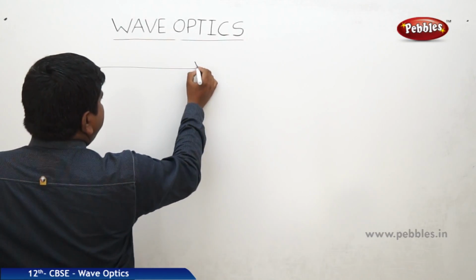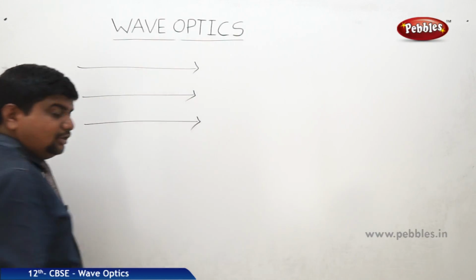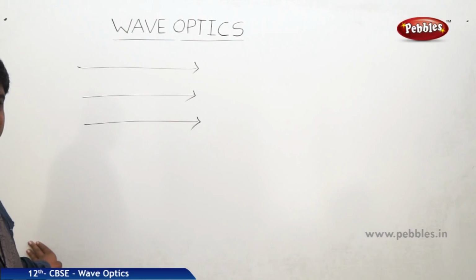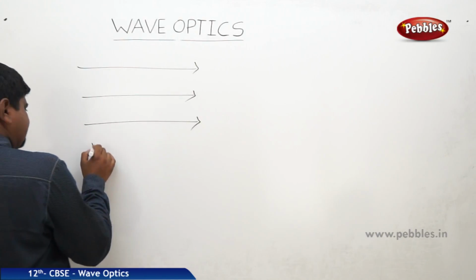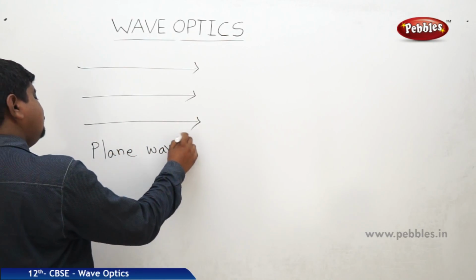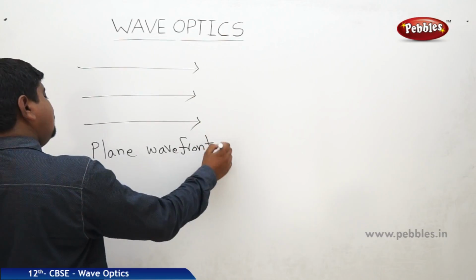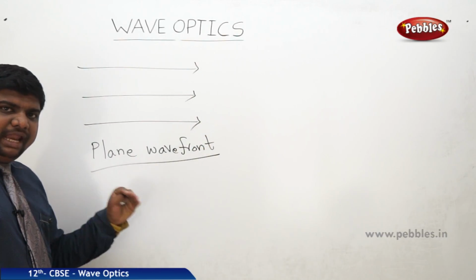As the light rays are parallel to each other, the wavefront formed by these light rays is called a plane wavefront or planar wavefront.